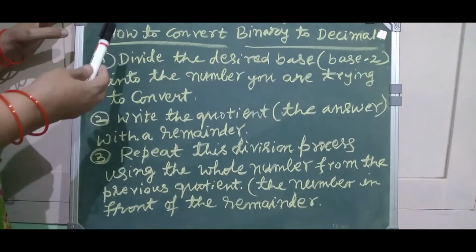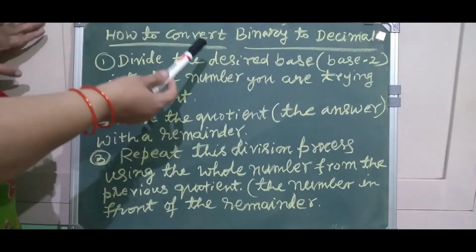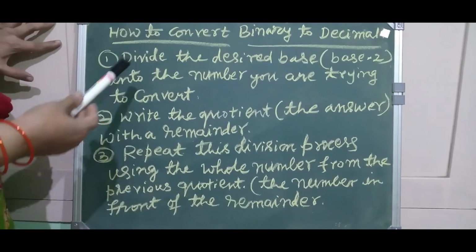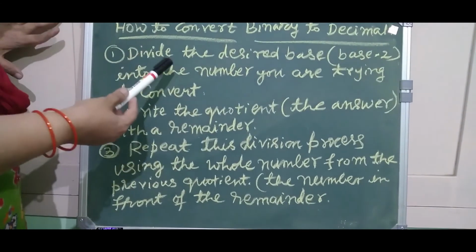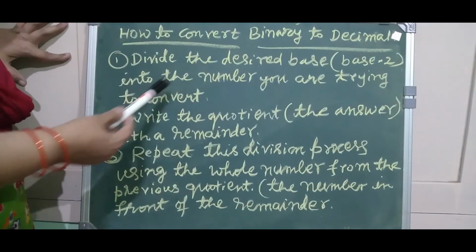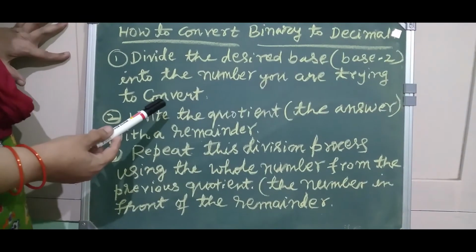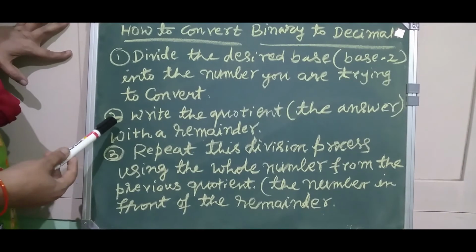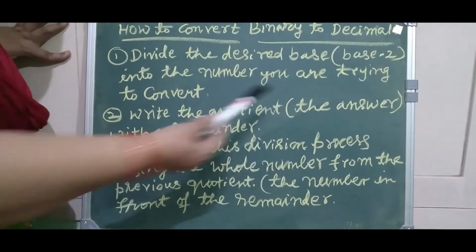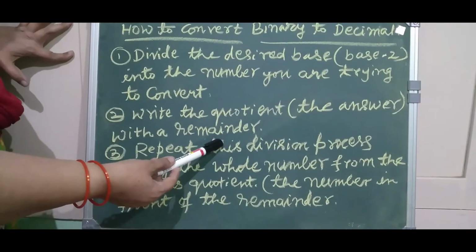Now let me tell you how to convert a binary number to the decimal number. The first point is divide the desired base, that is base 2, into the number you are trying to convert. And second step is write the quotient, the answer, with a remainder.